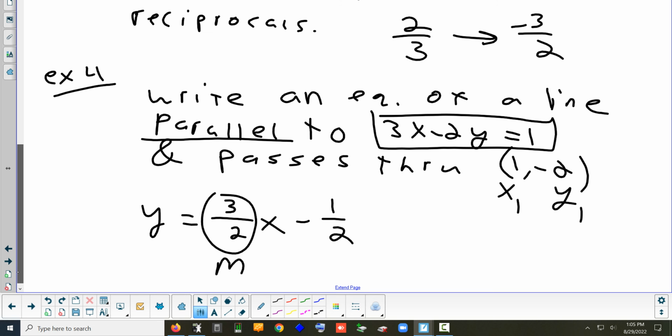The slope would change to negative 2/3. Slope would be negative 2/3, but the x1 and the y1 would stay the same. Any question on that?